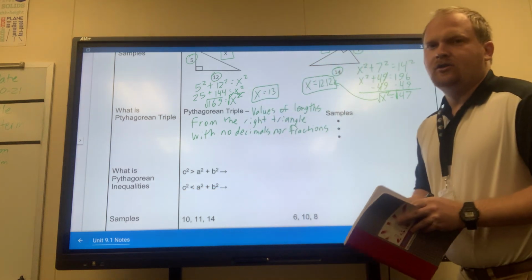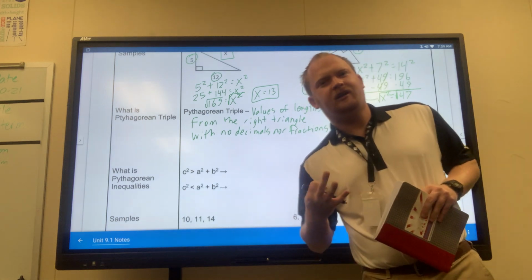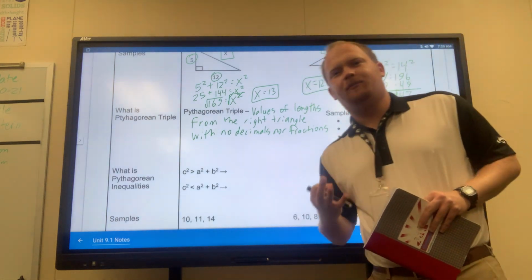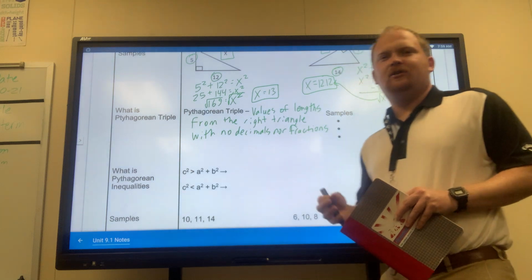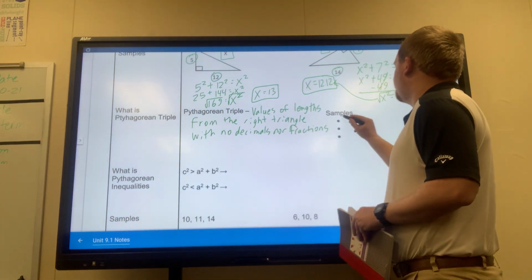So basically, there are 3 lengths that are whole numbers that make a right triangle. And here are some of the examples.